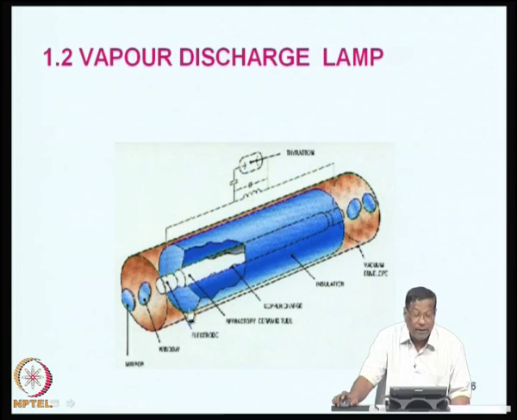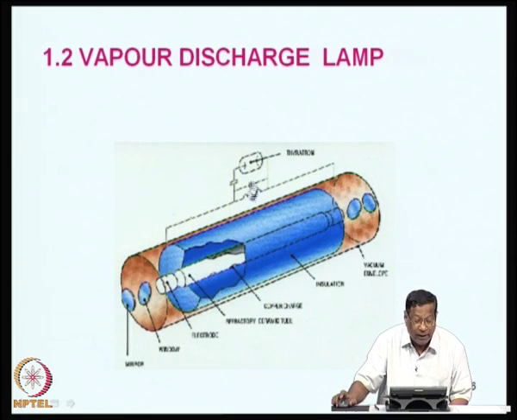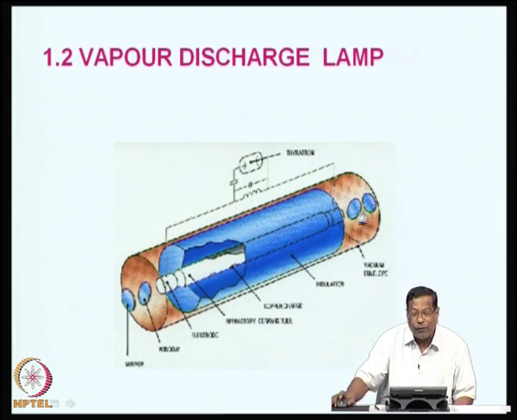Here are the connections, and here some of the element is deposited, and then we have the electrical connections and the electrodes. It is also operated under vacuum, and some insulation is necessary. Again, the windows in this range have to be made of quartz, while the outer shield can be glass, and the rest remains the same.